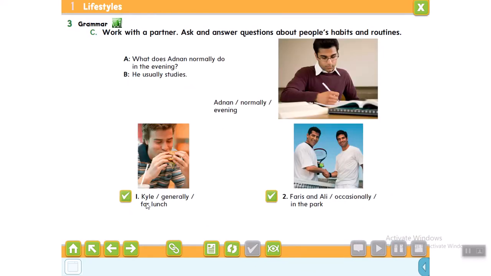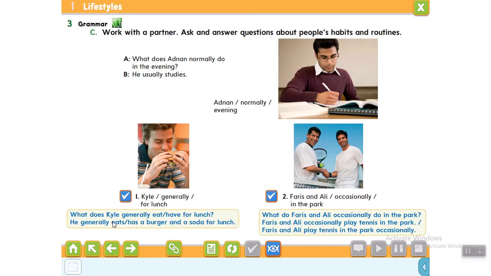Number 1. Kyle generally for lunch. What is the question that we can form from these keywords? What does Kyle generally eat or have for lunch?